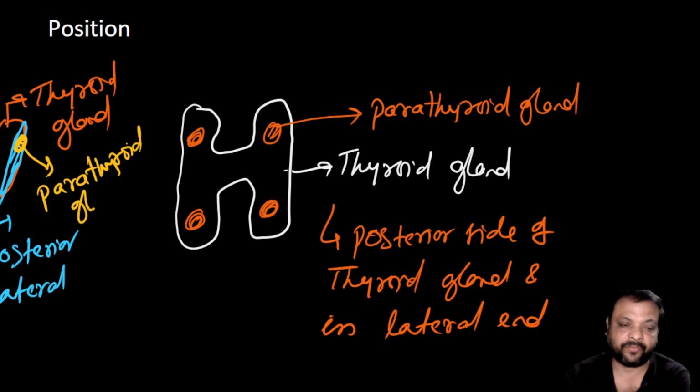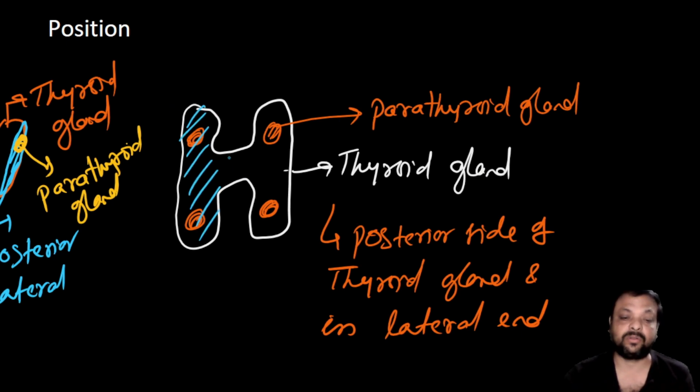So we got the position. The position is the posterior lateral side of the thyroid gland, and normally it is embedded within the capsule.